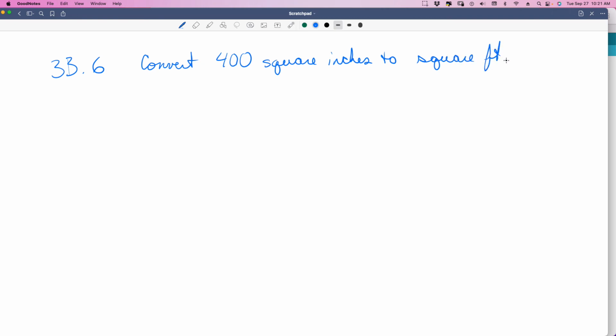And I wrote that out for you just so you can see the way it's going to ask you. This can easily be rewritten 400 inches square to feet square. Same thing. We need our unit of reference, inches to feet, so 1 foot is 12 inches.